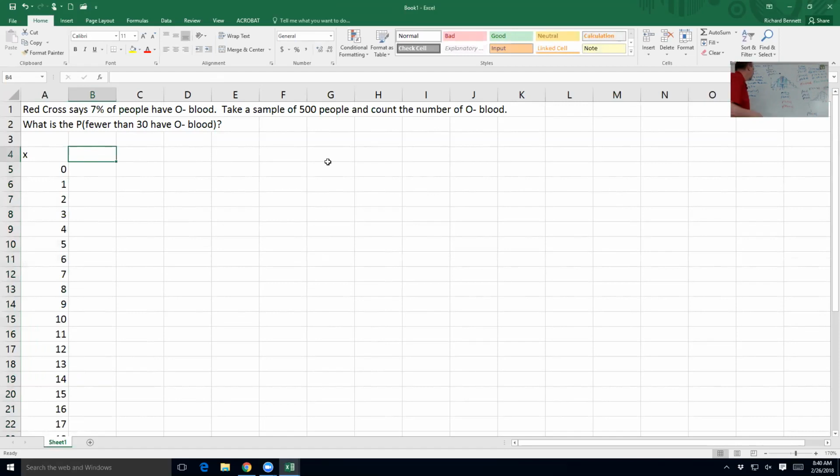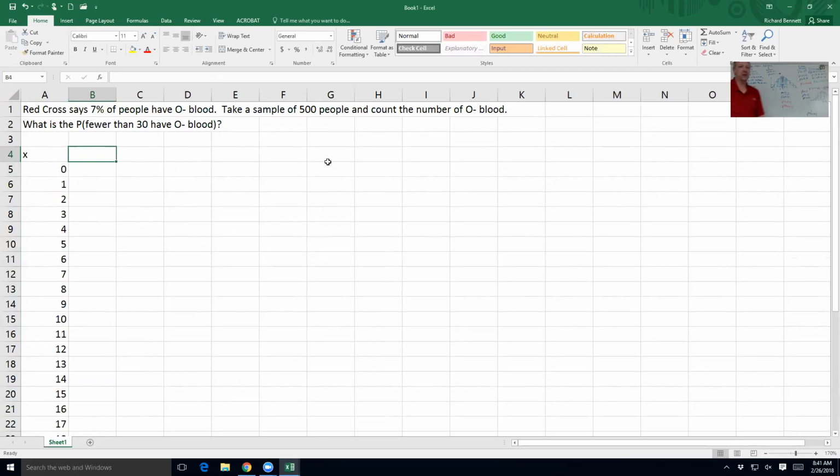How would you find, for example, the probability that x equals 0 or 1 or 2 or whatever you want it to be? We're going to use our binomial formula: the probability of x equals the combination of n choose x, p to the x, q to the n minus x.